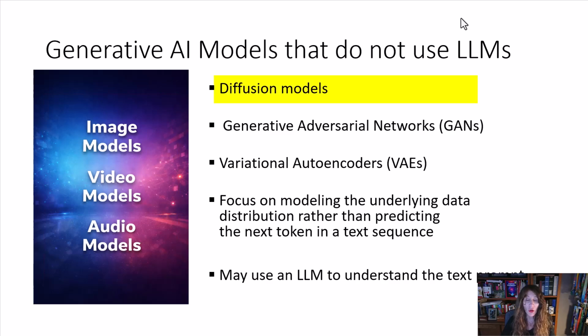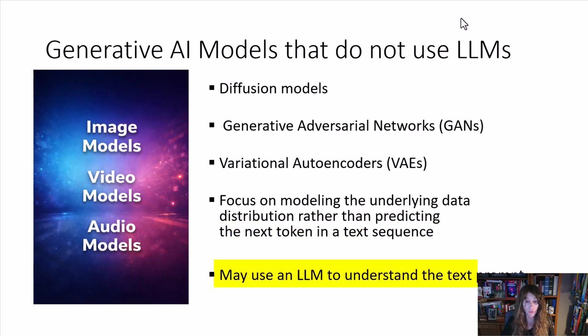Some of these are called diffusion models, generative adversarial networks, variational autoencoders, and there are others. They focus on modeling the underlying data rather than predicting the next token in a text sequence. Remember, LLMs are all about predicting the next word.